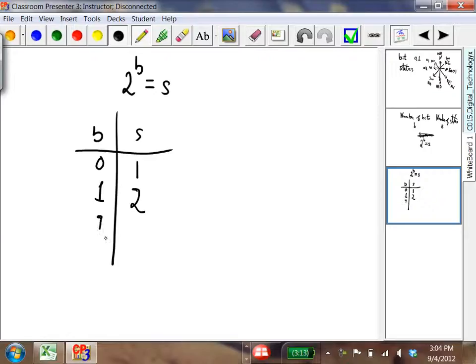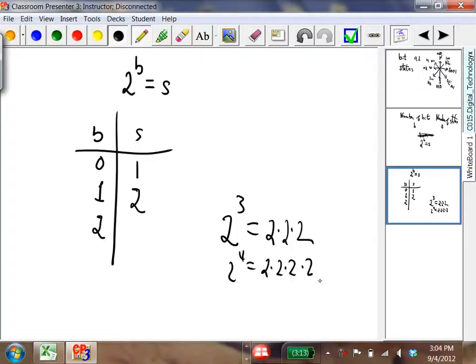Two to the third power is 2 times 2 times 2. 2 to the fourth power is 2 times 2 times 2 times 2. So this is a 4, third power is an 8, fourth power is a 16, fifth power is a 32.